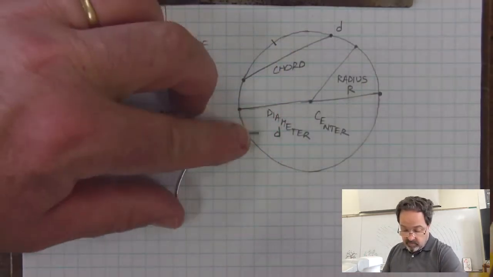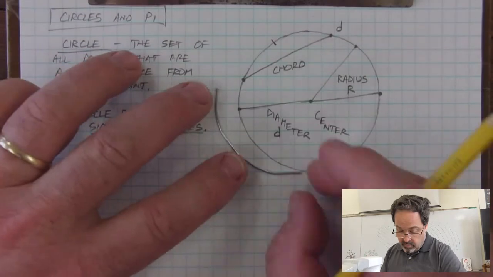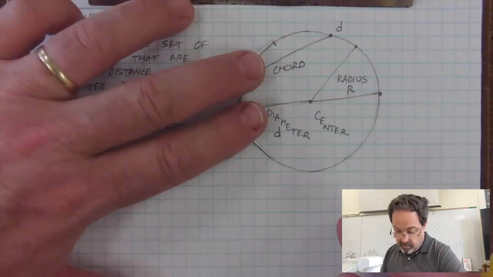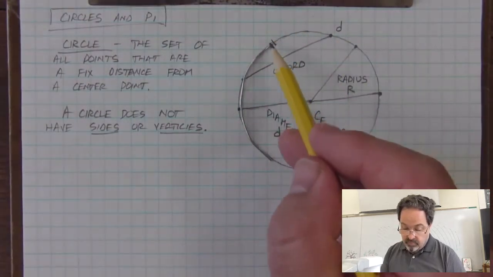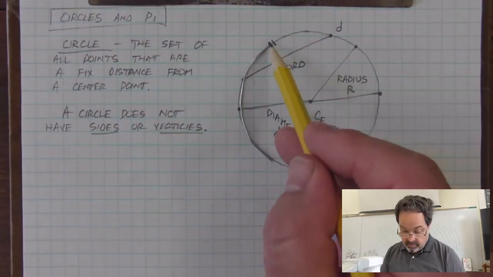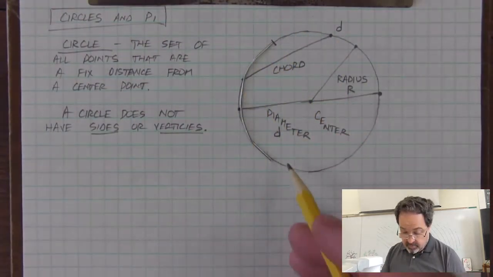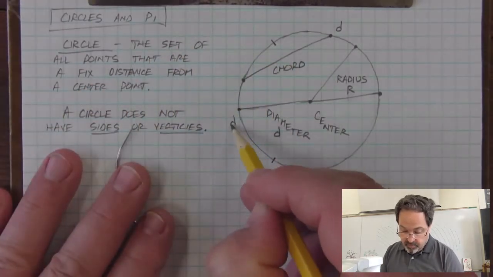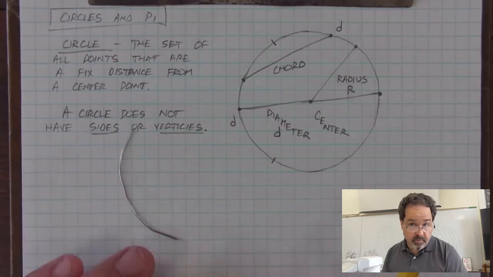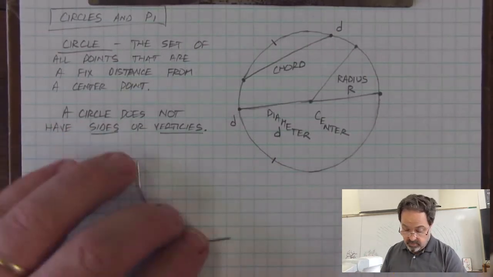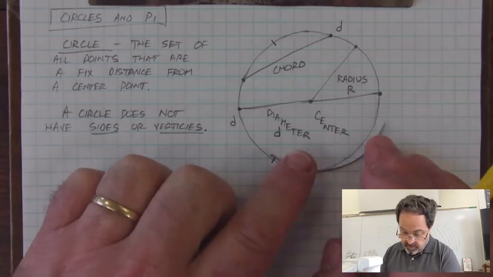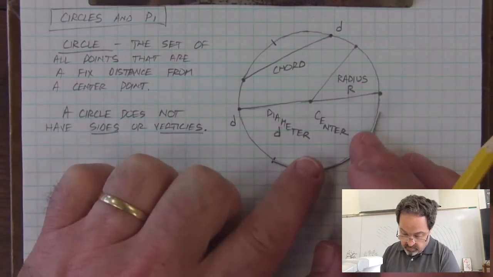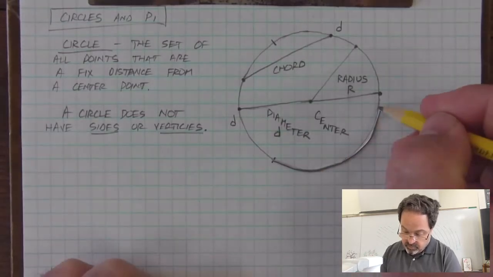I could take the same distance, the diameter, as an arc and continue to wrap the edge of the circle. In this case, I've gone a second diameter distance. I've gone more than halfway around, but not the entire way around with two diameters. I can take a third diameter distance and continue to go along the circle's edge.